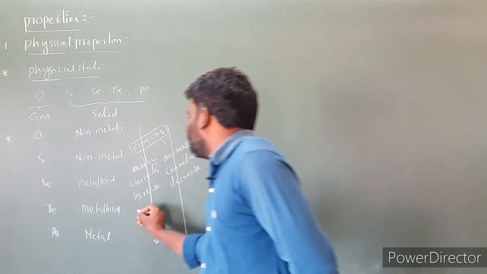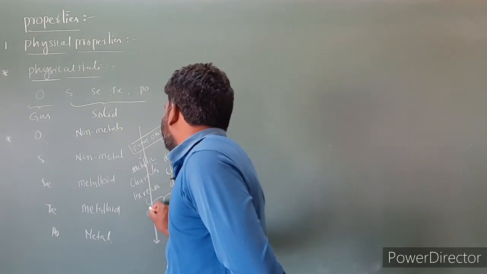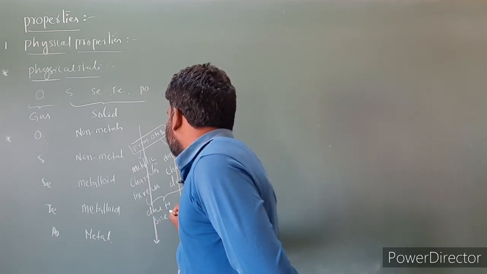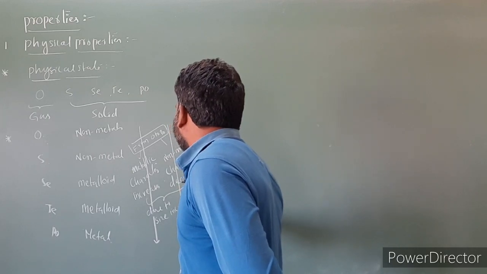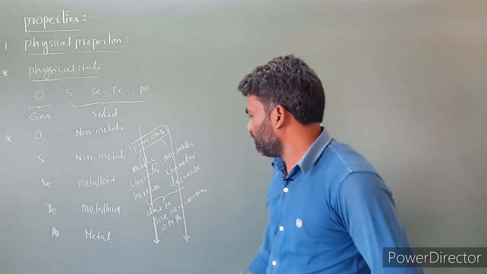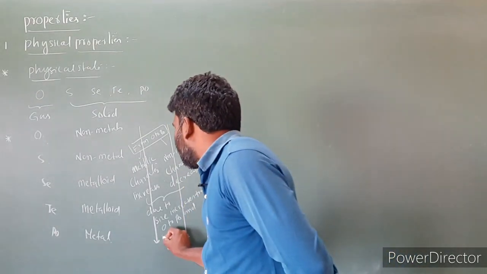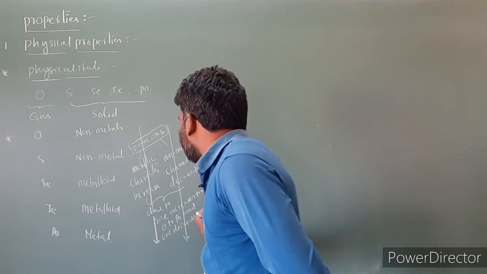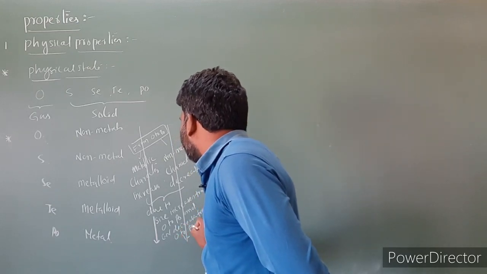For both cases the reason is the same: size increases from oxygen to polonium, and electronegativity decreases from oxygen to polonium.